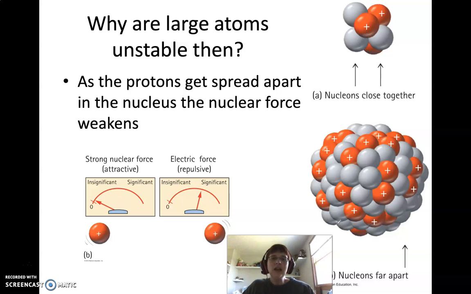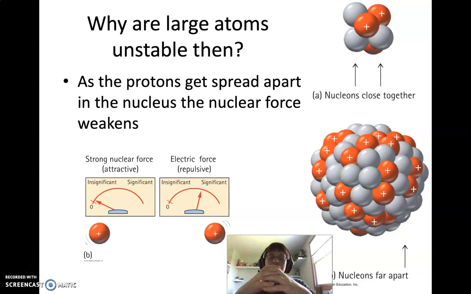However, when you get a large element like this one down here, you can see the protons get farther spread apart. You've got more neutrons in there, and we'll talk about what the neutrons are doing because they have an important job. But there's more space to spread out the protons as the nucleus gets bigger.